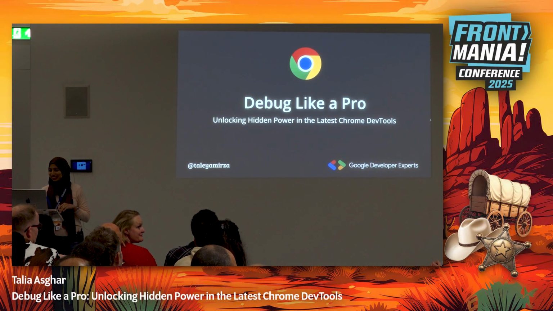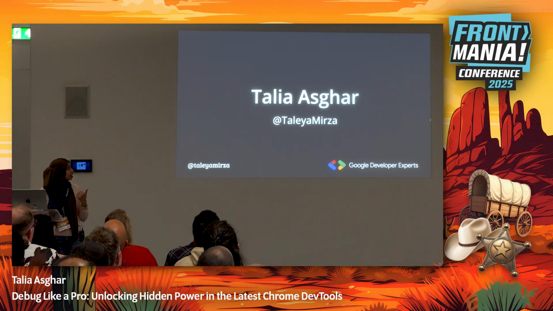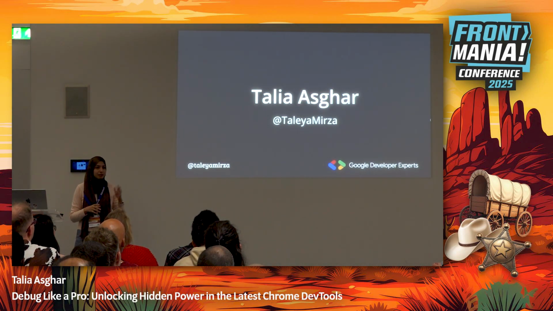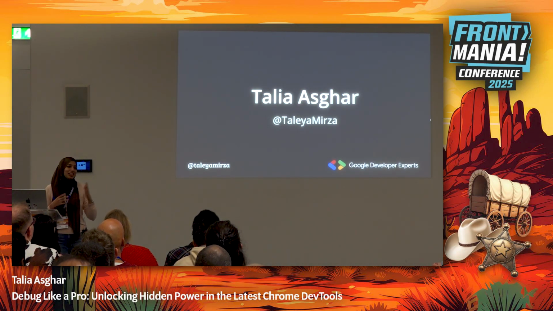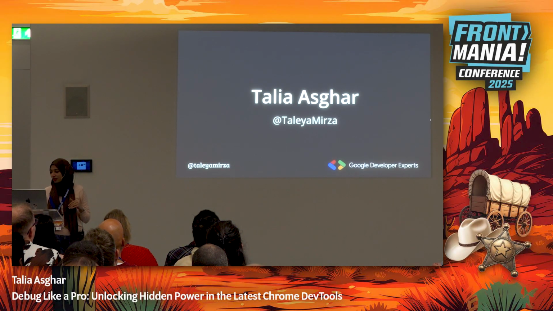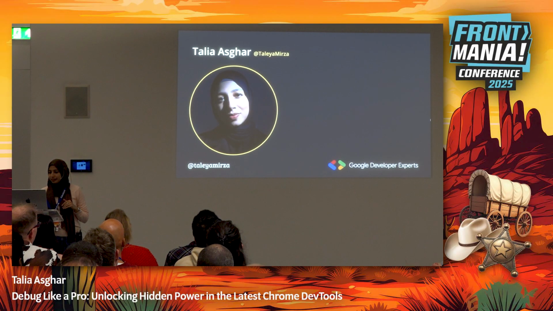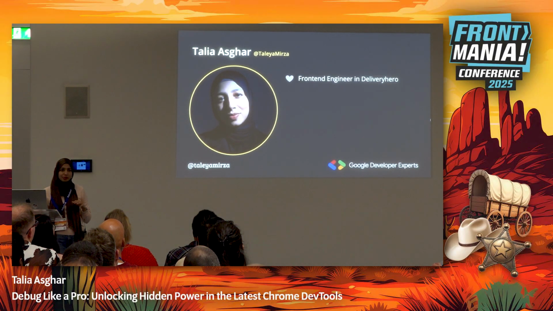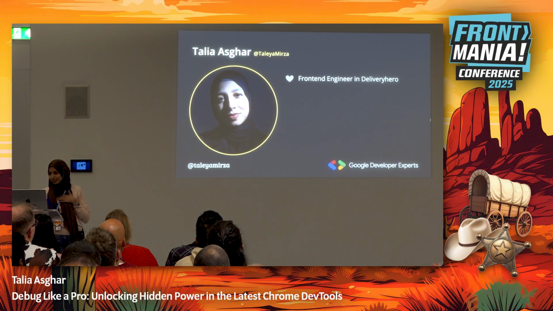So, introducing me, my name is Talia Asghar, but from a very small age my name is Talia Mirza on all the social media. I'm a front-end engineer at Delivery Hero, and I'm a front-end engineer by heart.